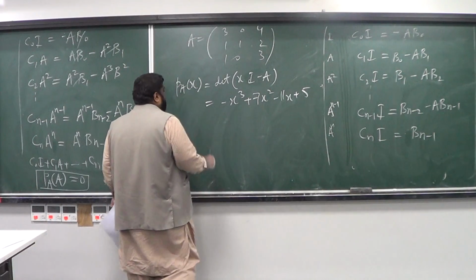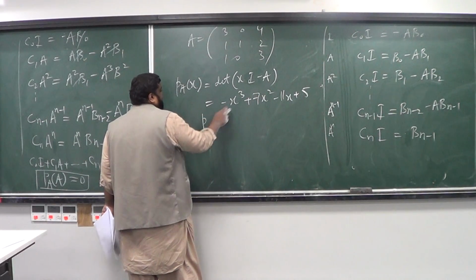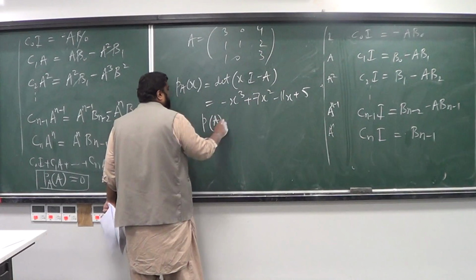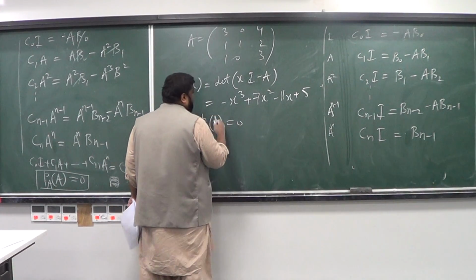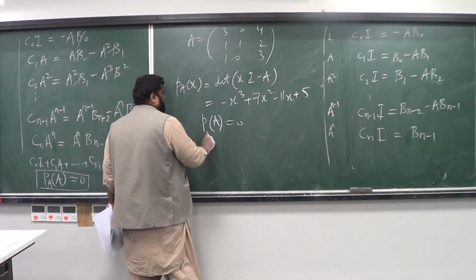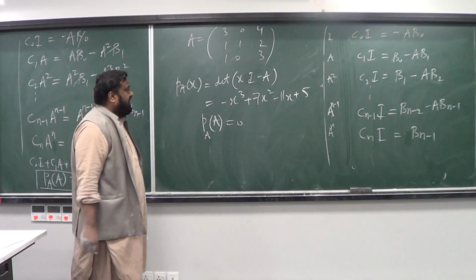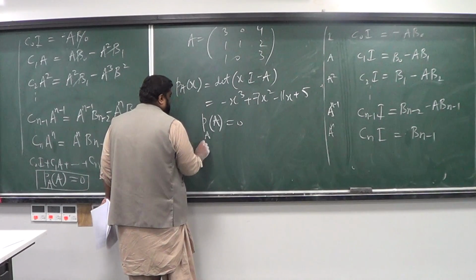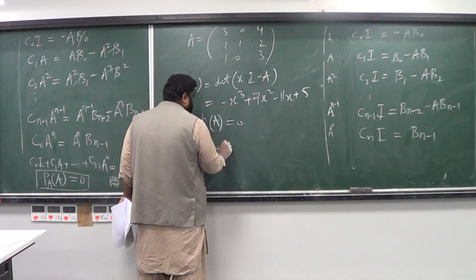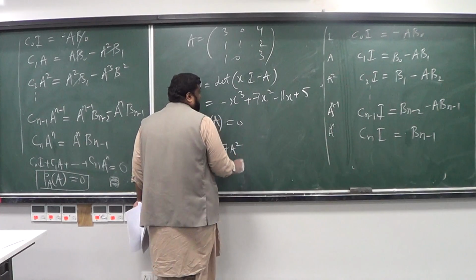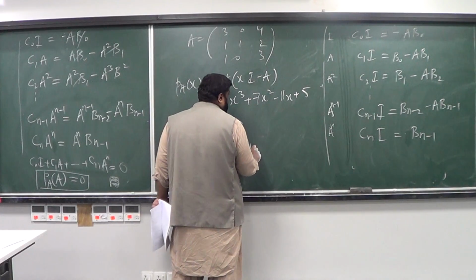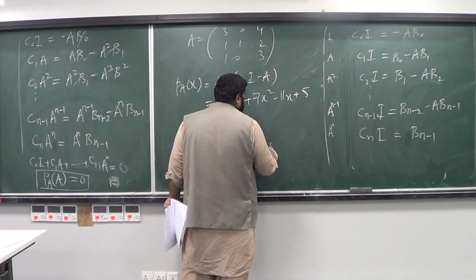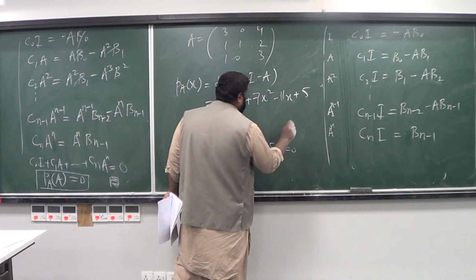Now, the Cayley-Hamilton theorem tells you that when you substitute A into this polynomial, you're going to get 0. In other words, you're going to get A cubed plus 7A squared minus 11A plus 5 times the identity matrix equal to 0.